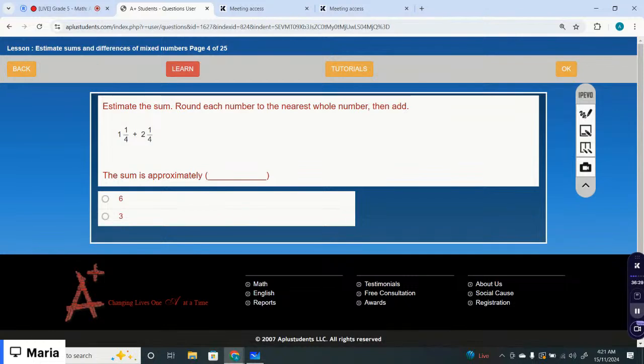Okay, the next one is 1 whole 1 by 4 plus 2 whole 1 by 4. So which is the correct option?